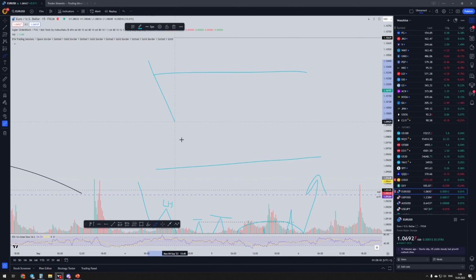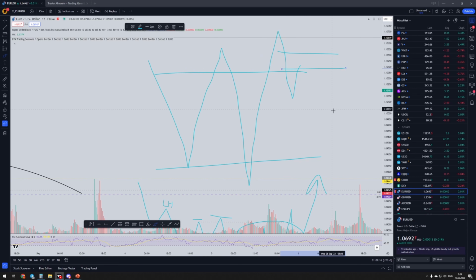We went down, went up, went down, went up to grab liquidity, went down back inside the range, and did a test of this fair value gap, and after it you can just wait for a test of a point of interest. It can be an order block, but it's supposed to be outside the range. It's supposed to be on its borders.